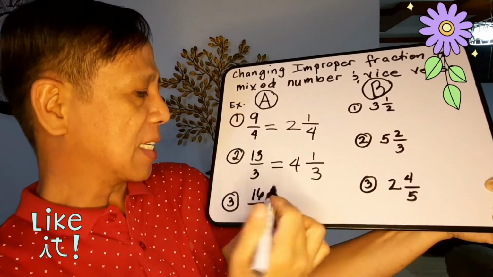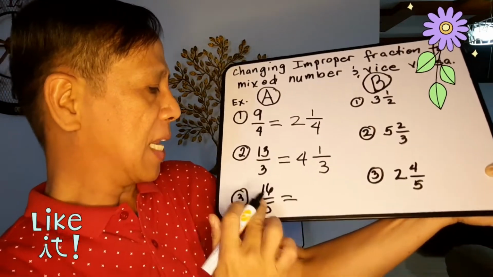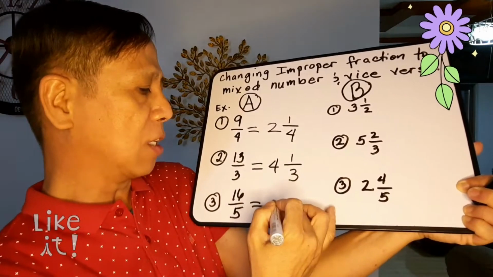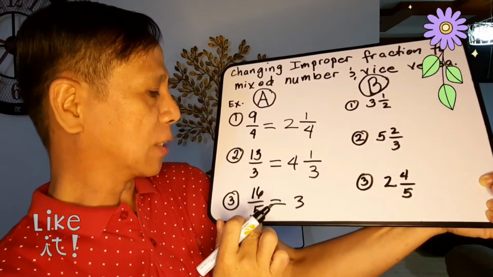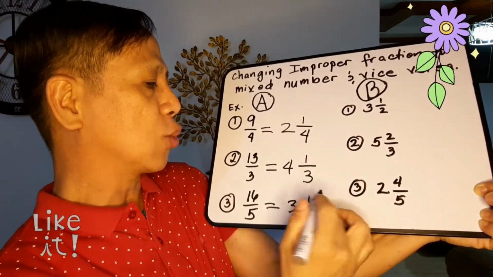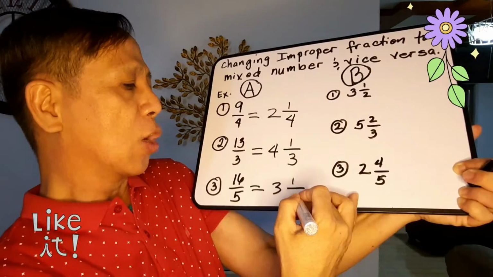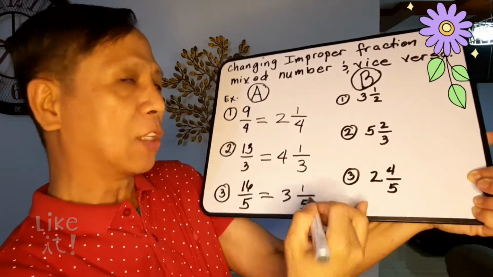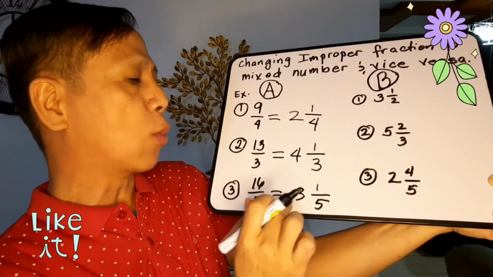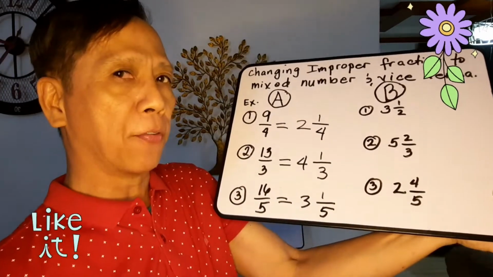Example number 3, 16/5. Ilan kayang 5 meron sa 16? Diba 3? Ngayon, pag kinuha nyo yung tatlong 5, 15 siya, isa na lang ang matitira, numerator siya, at kopyahin ang denominator na 5. Therefore, 16/5 is equal to 3 and 1/5.